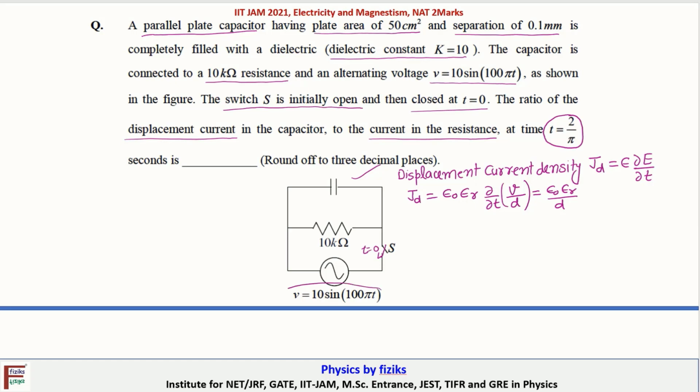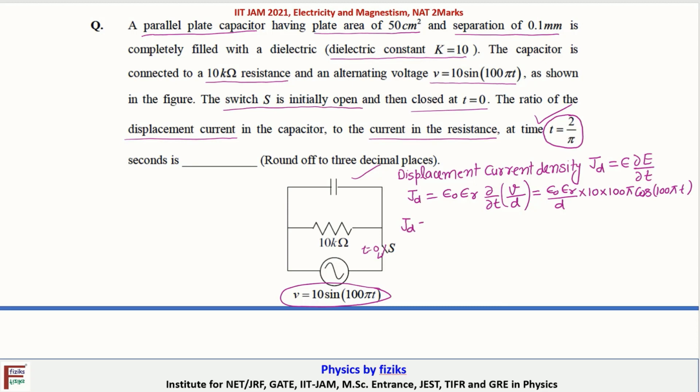V is given, so that will be given by 10 into 100 pi cos 100 pi t. Let's calculate this value at t equal to 2 by pi.